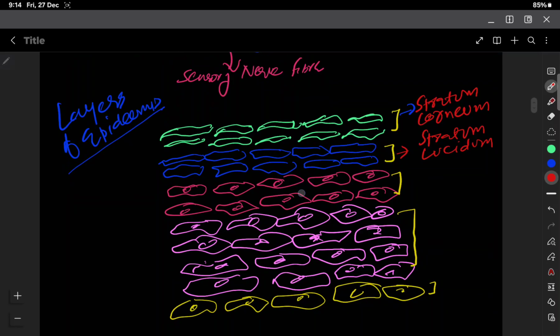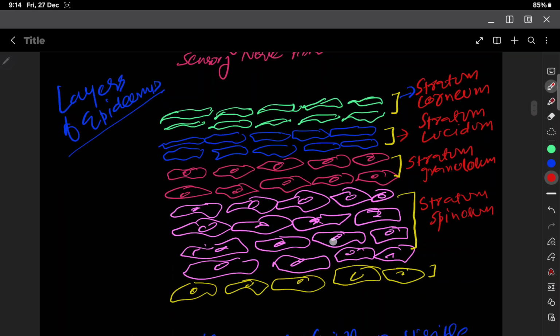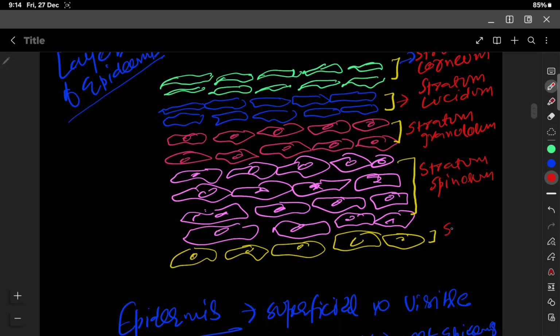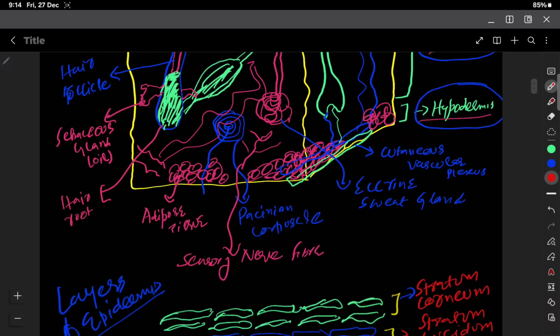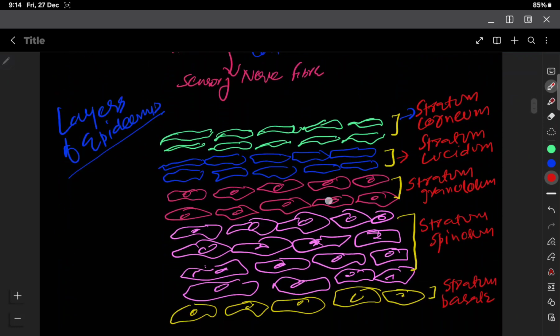Then third is stratum granulosum. Then fourth, stratum spinosum. And the last one is called stratum basale. Actually, I have mentioned only one of each here, but the epidermis consists of 5 different layers.